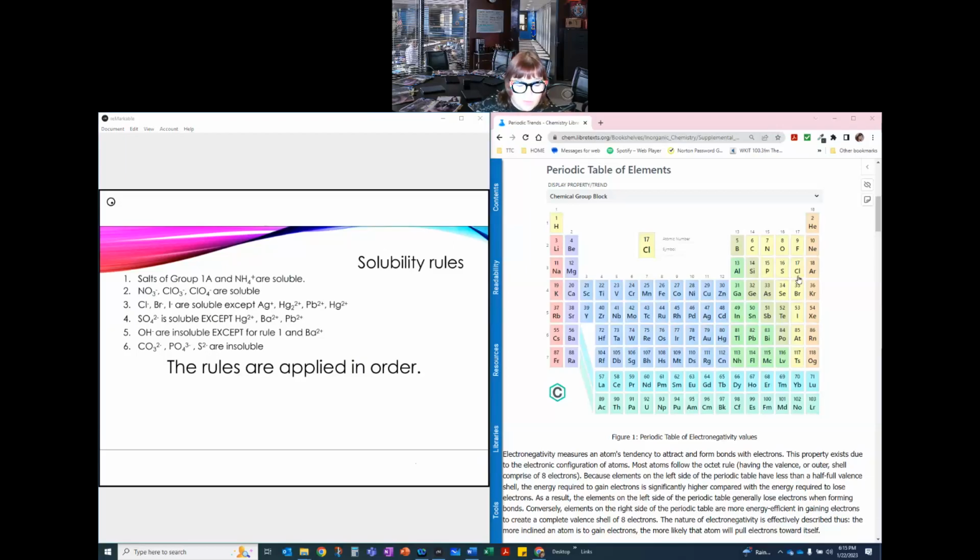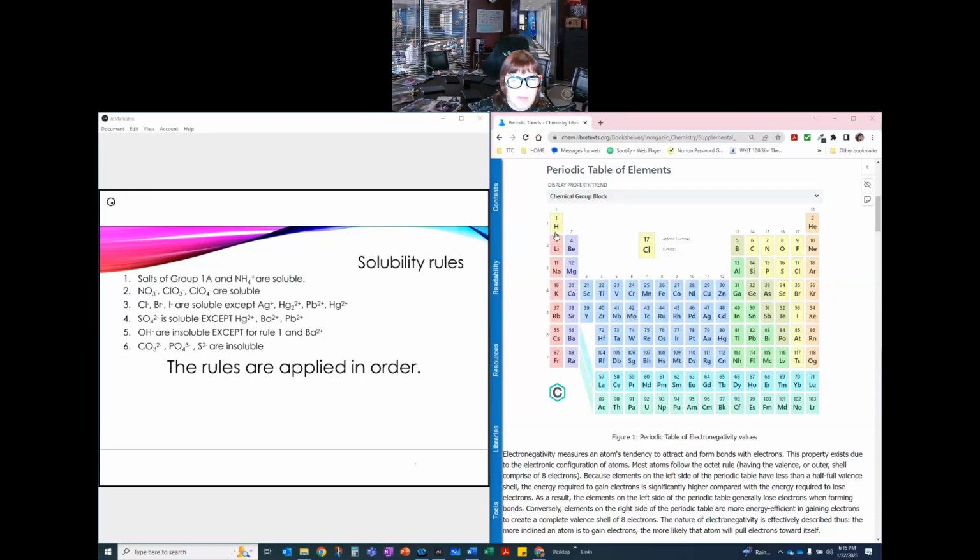Sulfates are soluble except for BaSO4, PbSO4, so Pb2 plus, Ba2 plus, or Hg2 plus, so HgSO4 is not soluble either. OH minus are insoluble except for these guys right here. So anything that's in this first group, lithium hydroxide, sodium hydroxide, potassium hydroxide, rubidium hydroxide, cesium hydroxide, francium hydroxide, all of those are going to be soluble.